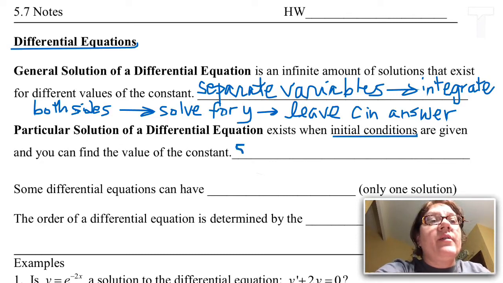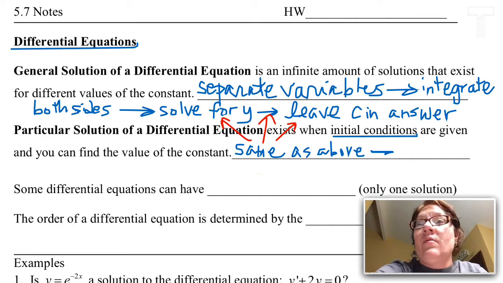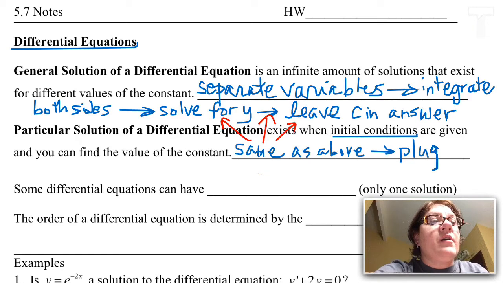And we'll do the exact same thing as we did up above. So still following all of this stuff, except this time we're going to plug in that initial condition, and then we can solve for c.